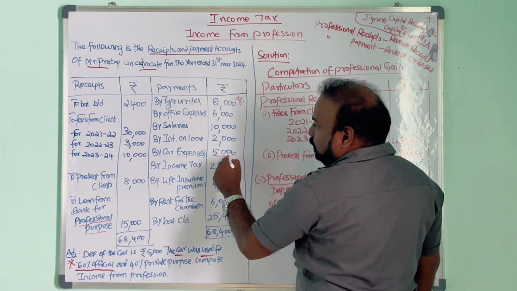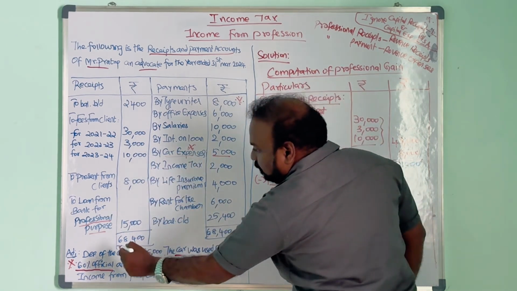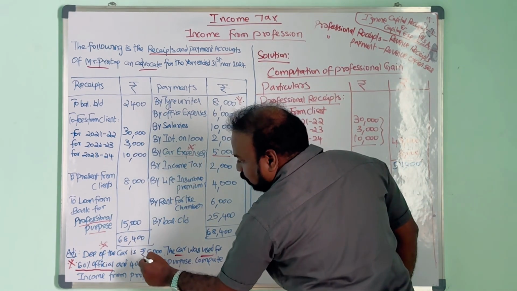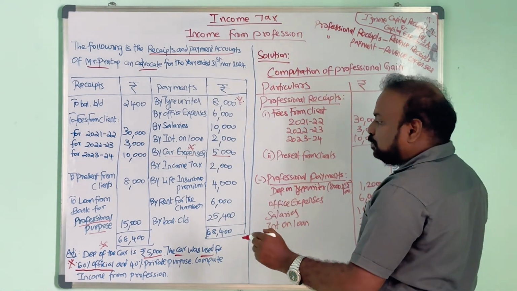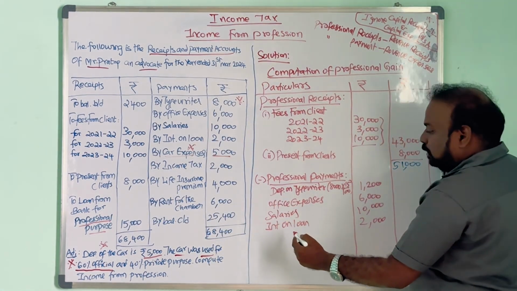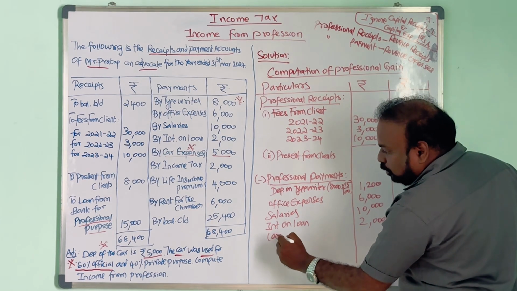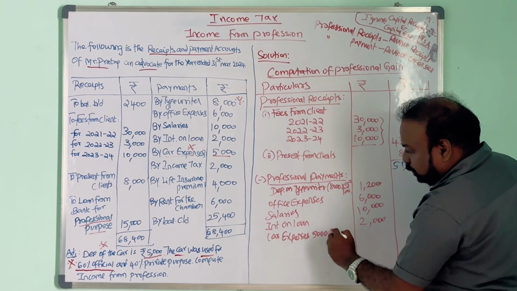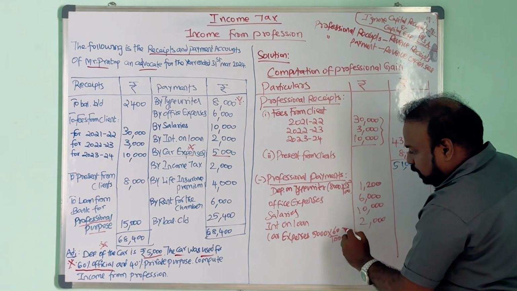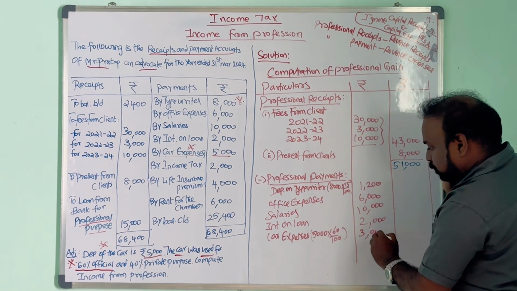I told you already, any expenses and losses related to car should be considered only 60%, because only 60% is used for official purpose. So, car expenses 5,000 into 60% comes to 3,000.